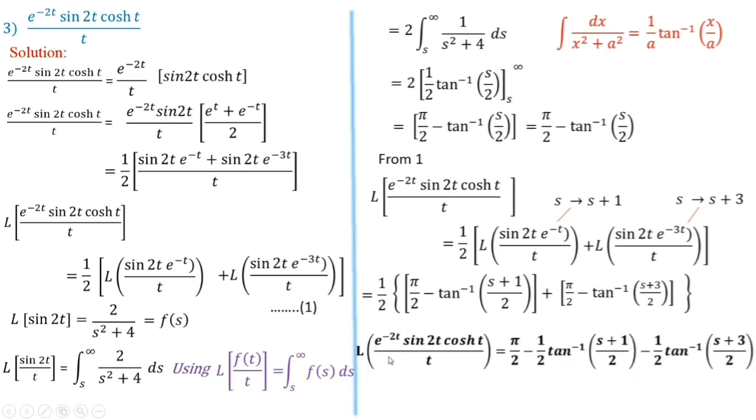Therefore, Laplace of e raised to minus 2t into sine 2t into cos hyperbolic t upon t is equal to pi by 2 plus pi by 2, we get pi, then multiply by 1 by 2, we get pi by 2. Then multiply 1 by 2 into this one, we get minus 1 by 2 into tan inverse of s plus 1 upon 2. Then again multiply 1 by 2 into this term, we get minus 1 by 2 into tan inverse of s plus 3 upon 2.